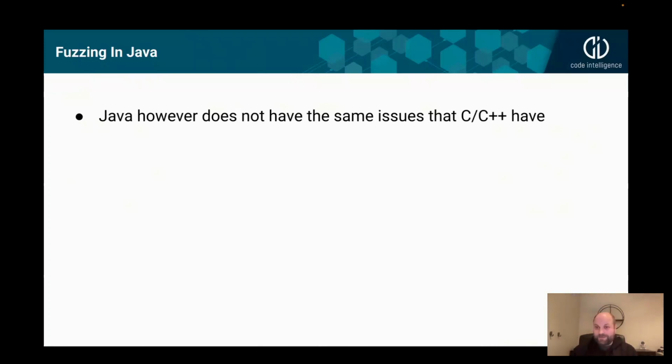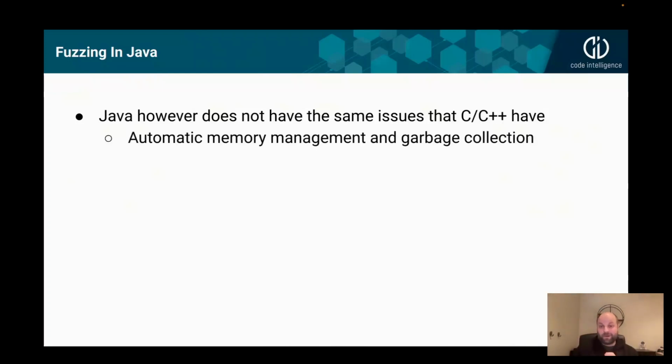Java does not have the same issues that C and C++ have. For example, Java has automatic memory management, garbage collection. There's no concept of malloc and free in Java. And also Java does not directly access the bare metal. The idea of using the value at this address in memory, or allocating values at specific addresses on the disk, isn't really a thing.